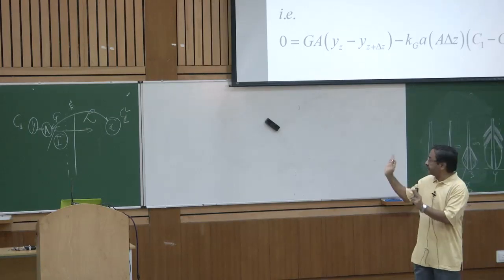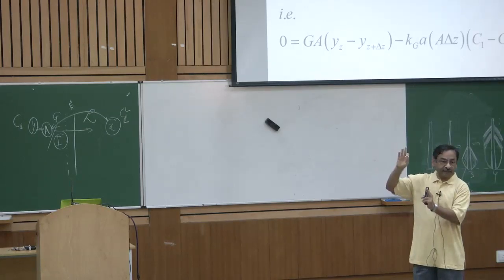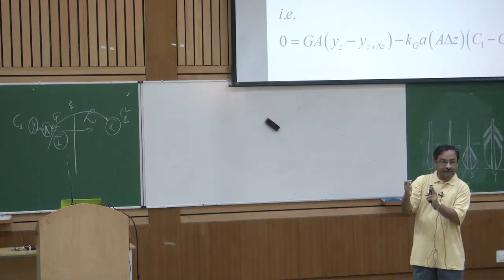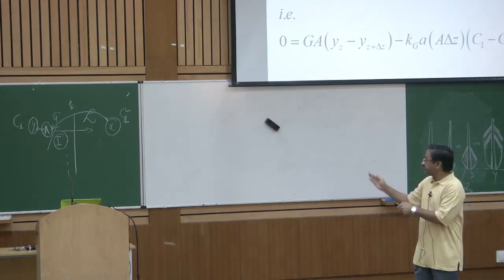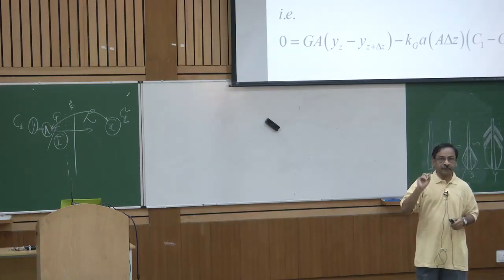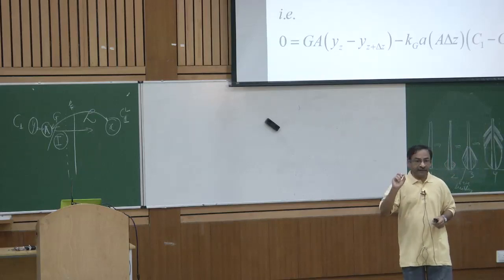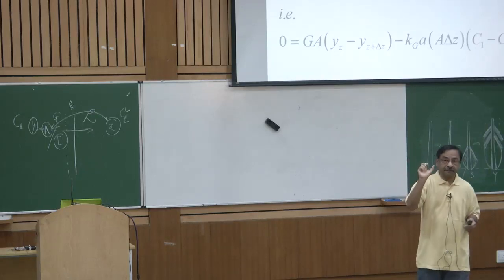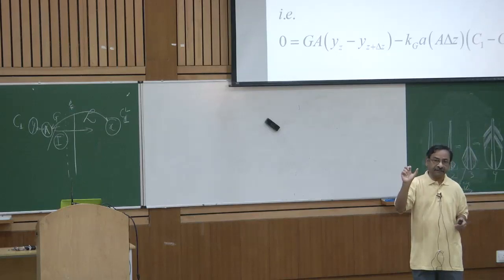It is a hypothetical film which offers the same resistance as the entire gas phase offers under the hydrodynamic conditions present there, right. So, let it be clear that the film thickness or film itself is hypothetical.